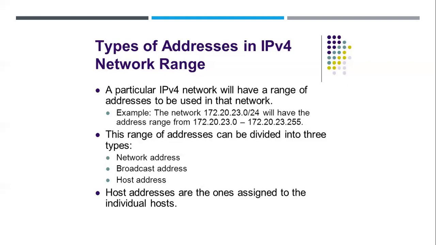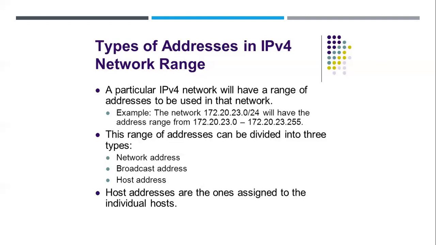Now, bullet 2, this range of addresses can be divided into 3 types. We have the network address, the broadcast address, and the host address. The host addresses are the ones assigned to the individual hosts. That means the last figure, whether it is 0 or 255, is a host address. Then 172.20.23 is shared between the network address and the broadcast address.